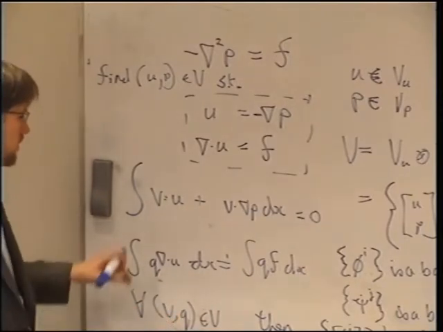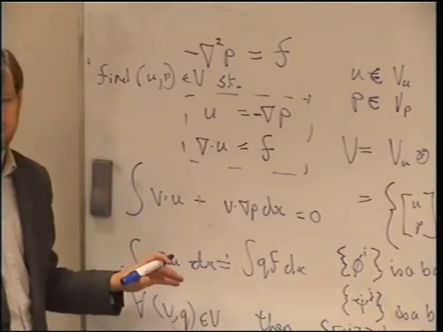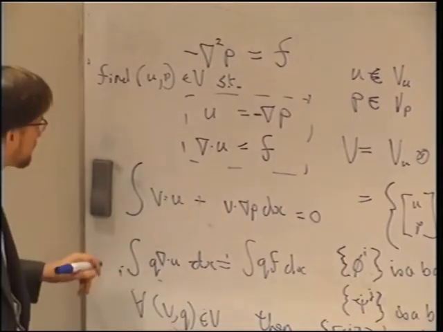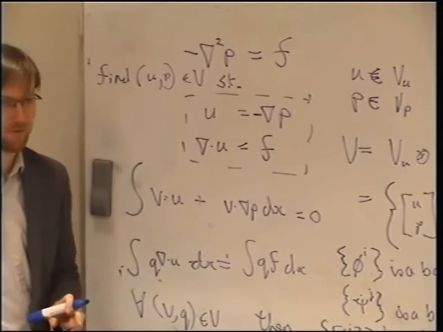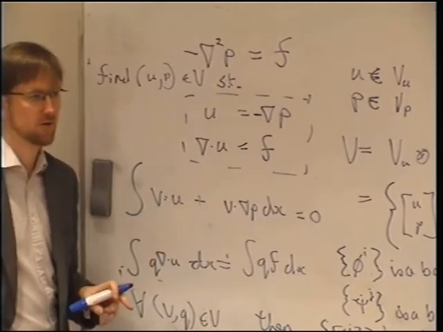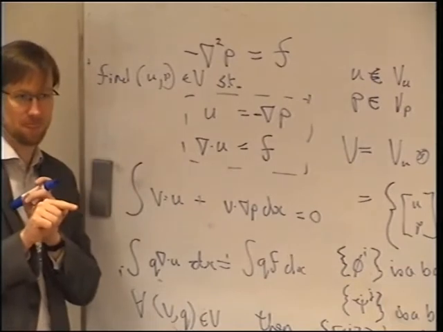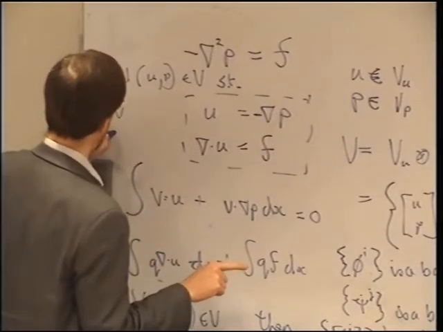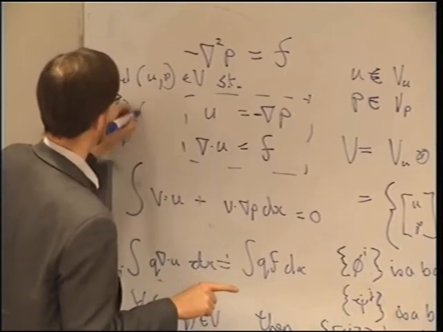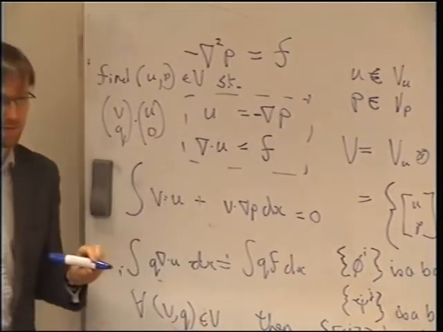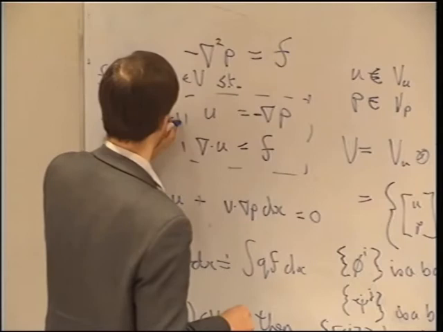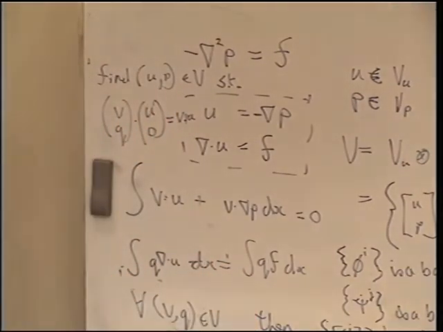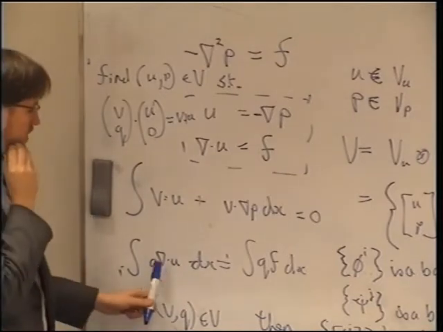And the reason this fell out to look like this is because when I wrote u here, having said that u is in this space, this is really a shorthand notation for (u, 0). So if I take (v, q) dot (u, 0), this part of the dot product is going to go away. So that's just the same as v dot u. And similarly for the other half of the equation.